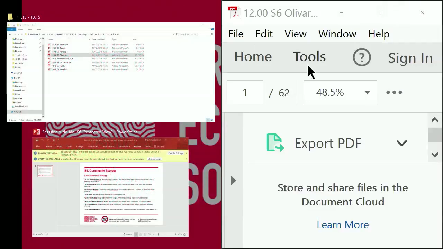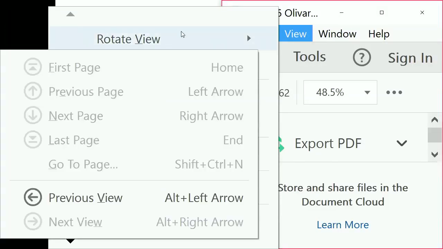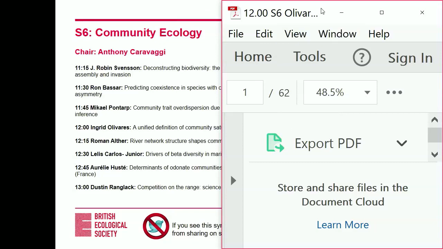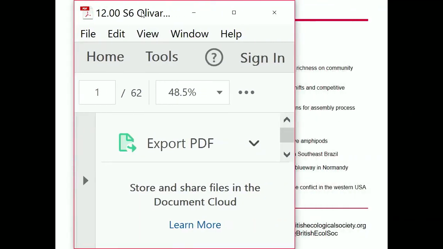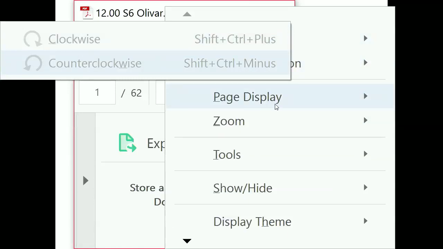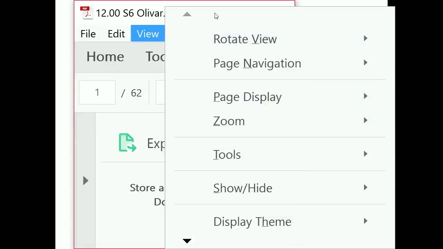I guess you go to... If you say full screen, yeah. What's the shortcut of F?